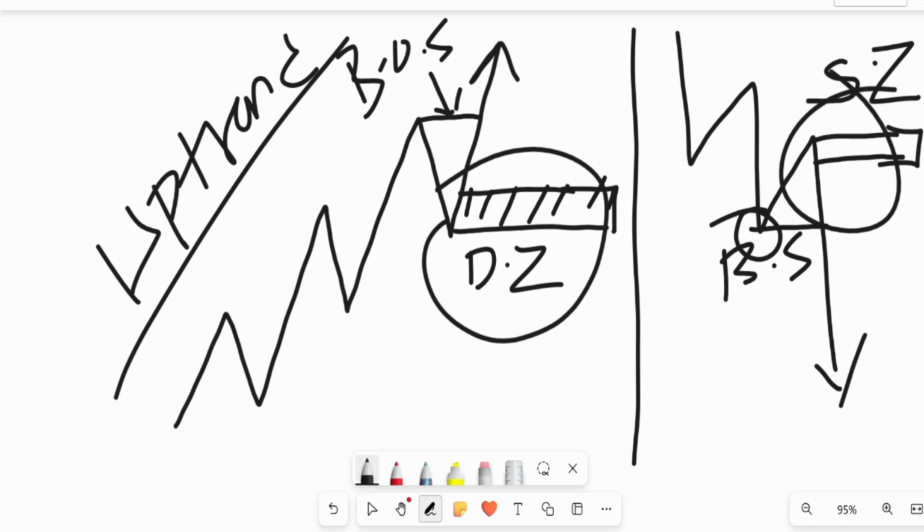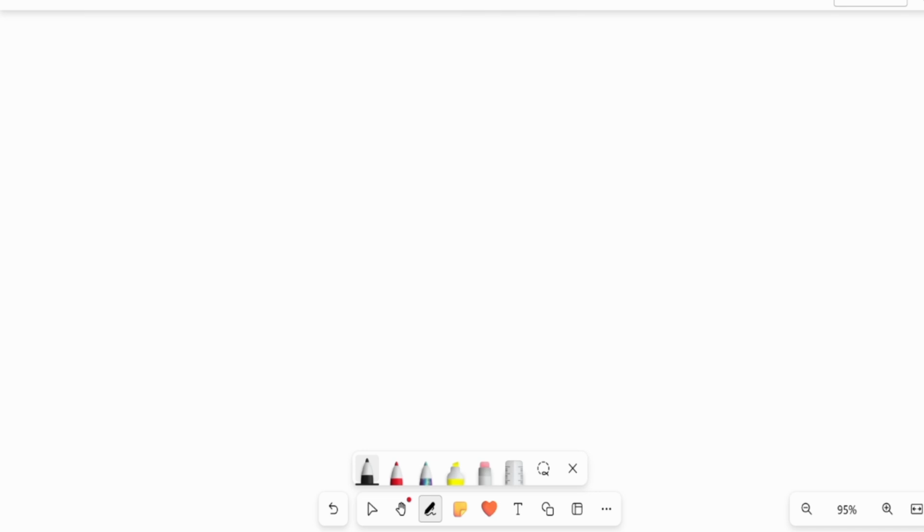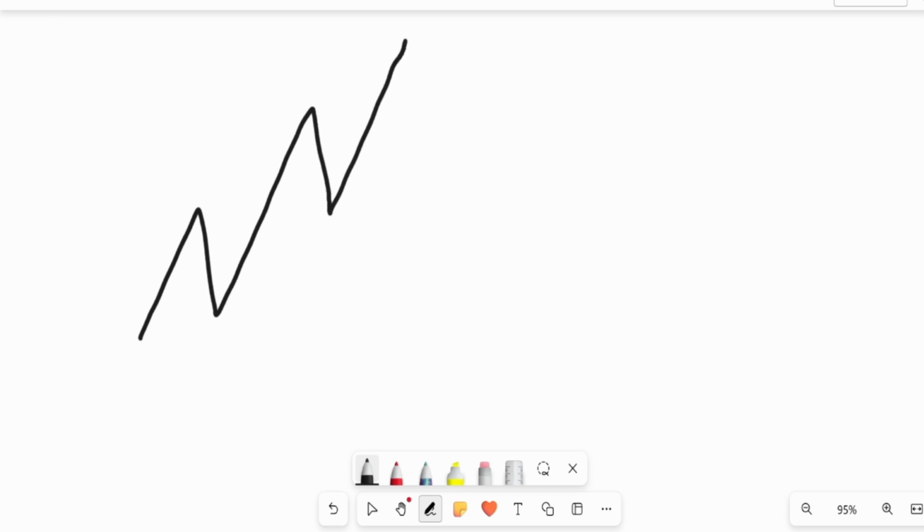The fourth key factor to consider is to mark the liquidity and check if there is an imbalance. Now, in an uptrend, this is on a higher time frame.